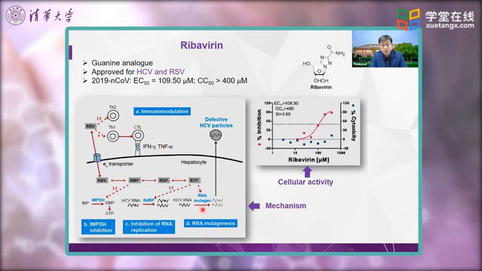In addition, it can also work through RNA mutagenesis. Lastly, it was believed it can work as a modulator for the immune system. So by those possible mechanisms, ribavirin has been used in clinical trials for treating COVID-19.